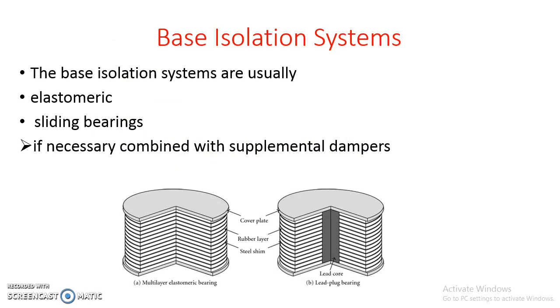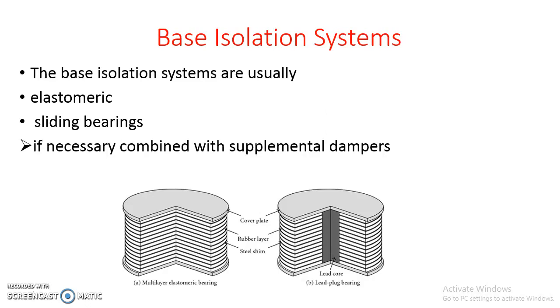Coming to base isolation systems. They are usually elastomeric, and the second famous one is the sliding bearing. If necessary, they can be combined with supplemental dampers. A best example of damping material is rubber, maybe lead, and many other systems as well.